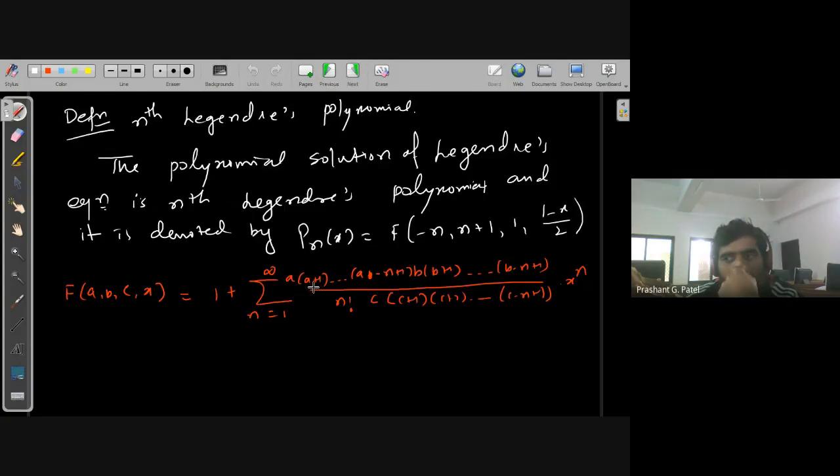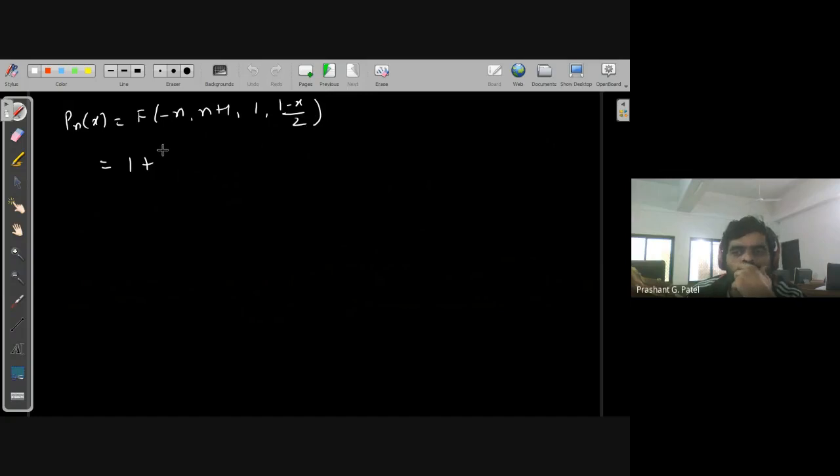The first term is minus n into (n plus 1) by n factorial into 1.